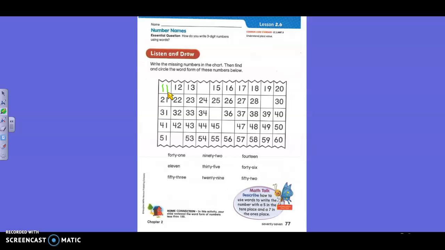And then you started just counting, right? In your head, because you know how to count. So you know this is 12 and then 13 and then 14. Okay. So what's my missing number here?